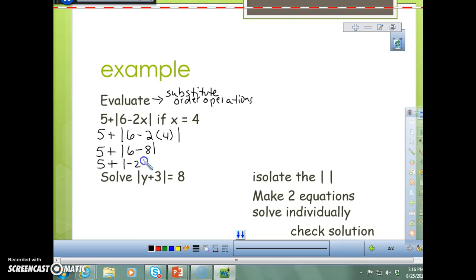But it's in absolute bars, so we have to be careful. How far is negative 2 from 0? 2 units. So it's 5 plus 2, which is 7. So our answer would be 7.